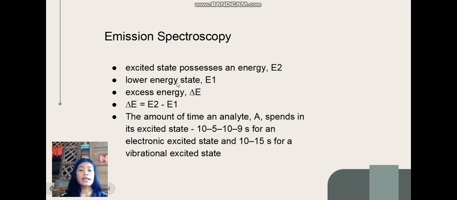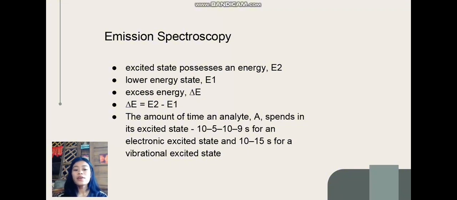If an analyte reaches the excited state and then returns to its lower energy state, we call that process relaxation. If there's relaxation, there is excess energy released.